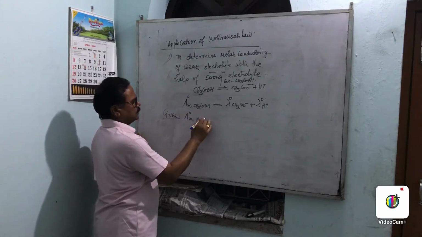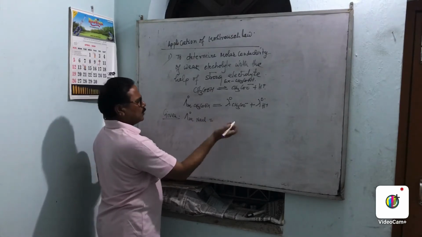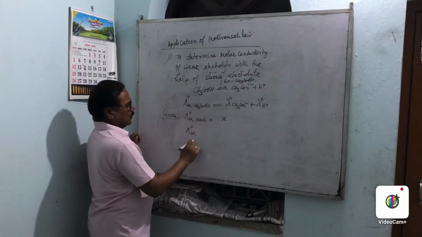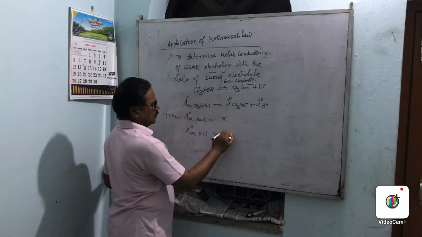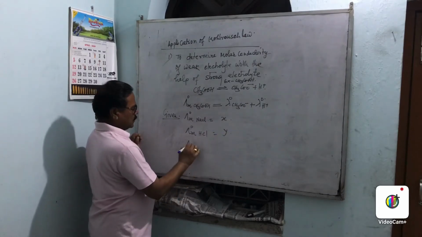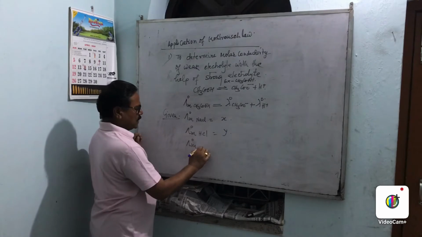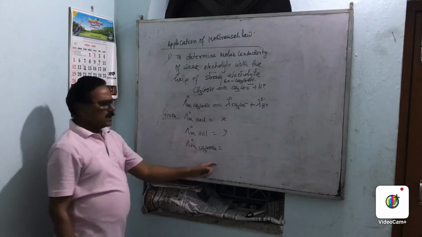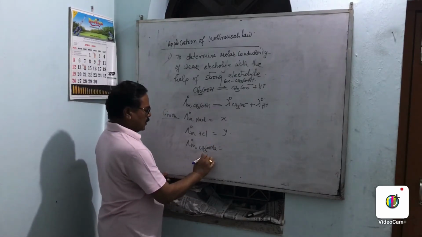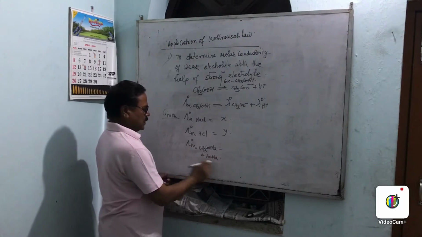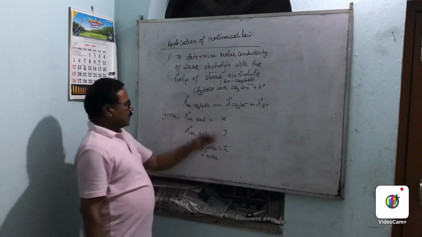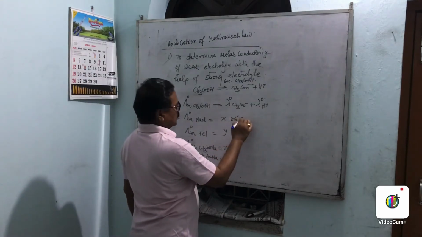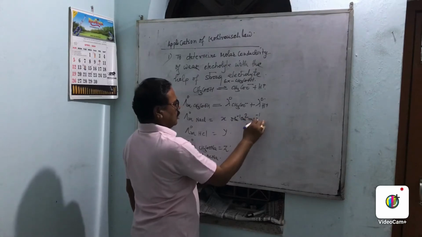It is a given value, suppose it is X. The molar conductivity of HCl will also be given, suppose it is Y. And the molar conductivity of sodium acetate, CH3COONa, is Z. Whatever the value, it is given with proper unit, ohm inverse centimeter square mole inverse.